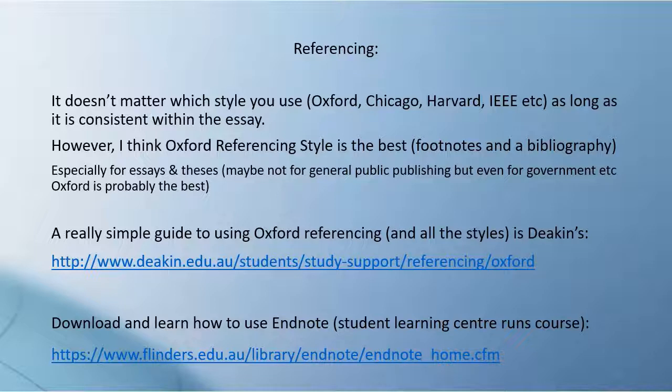Whatever style you use, you'll need a bibliography, but I think having footnotes rather than in text like Harvard style is better because you can put information in there. It's a full reference rather than just a short one, so the reader can instantly see where it's from, and you can write other information in there if you like, right? And I like it as a marker and as a reader because I don't have to continually flip to the bibliography to see what that reference was, right?